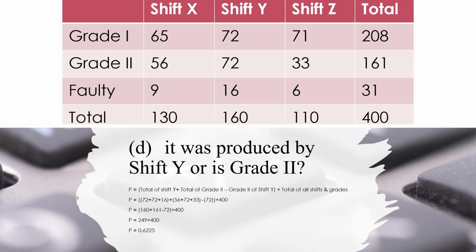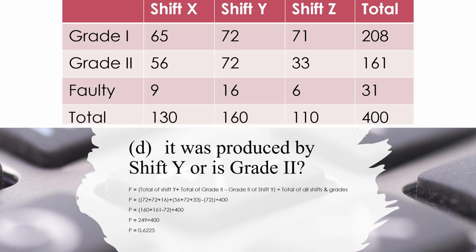So for the total of shift Y, the numbers are 72 plus 72 plus 16. That is for grade 1, grade 2, and faulty items. Similarly, the total of grade 2 for the three shifts X, Y, Z is 56, 72, 33. And we're going to deduct from it grade 2 of shift Y, that is 72. So the sum total will be 249, that is 160 plus 161 minus 72.